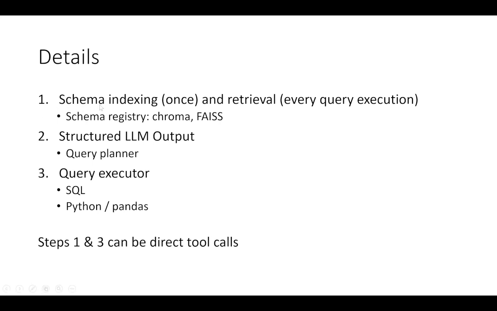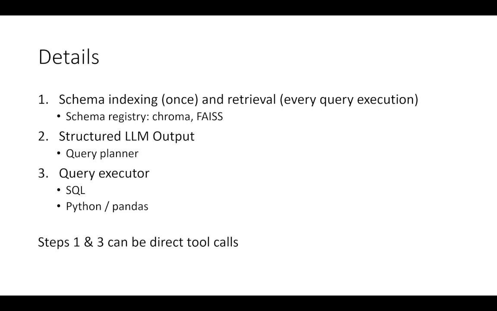The first is the schema indexing, which you do only once, which is the whole beauty of this. All these hundreds of thousands of tokens that you may have with hundreds of tables and thousands of columns, you incur the cost only once.